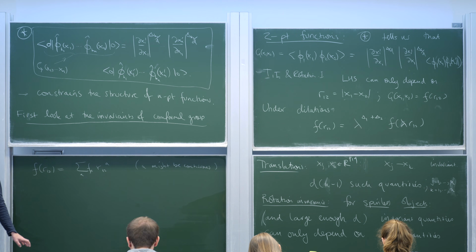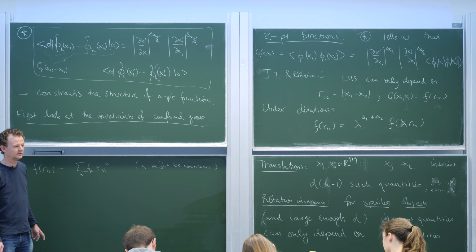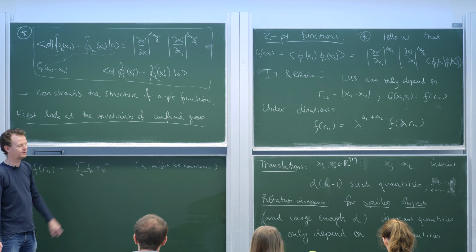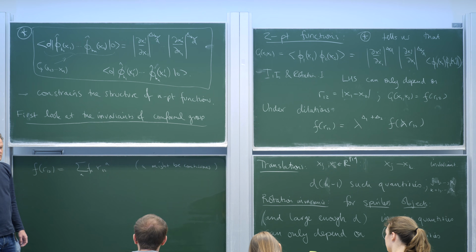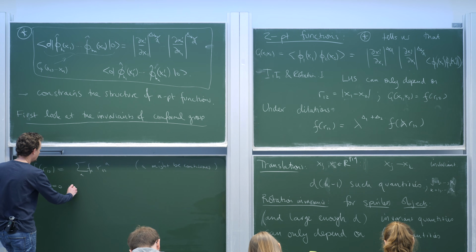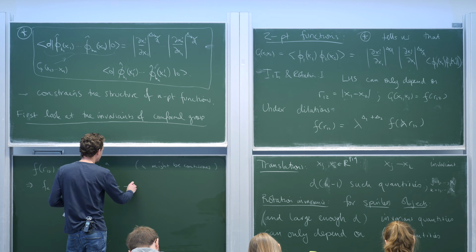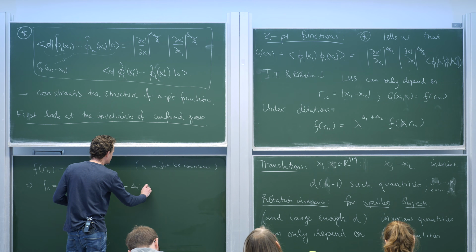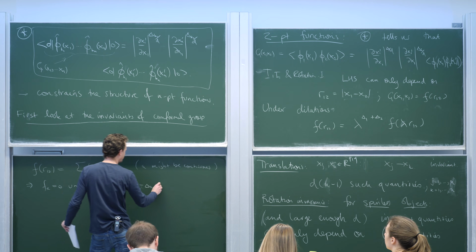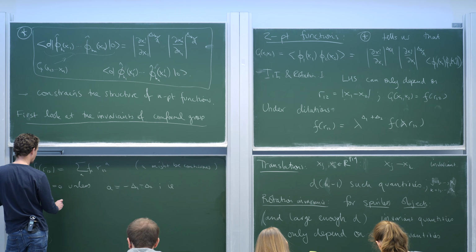But for the very first check, let's just assume f is some series in r1,2. And you ask, what can these coefficients f_a be? Well, the answer is it has to be 0, unless a happens to equal exactly minus delta 1 minus delta 2. So the only function that obeys this property is a power law.